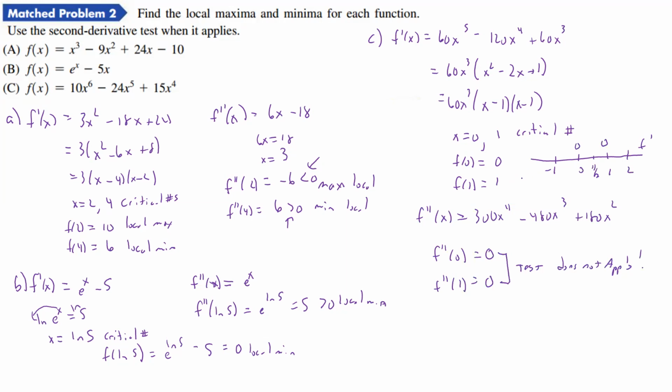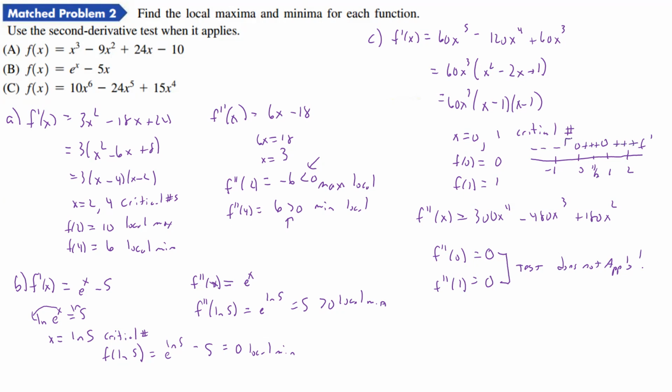If we test negative 1, that's going to be negative 60, so it's negative in this area. If we plug in a half, it looks like a positive. And if we plug in 2, that's surely going to be positive.